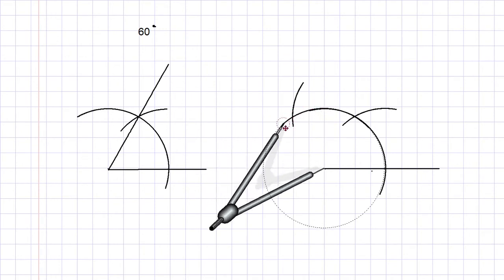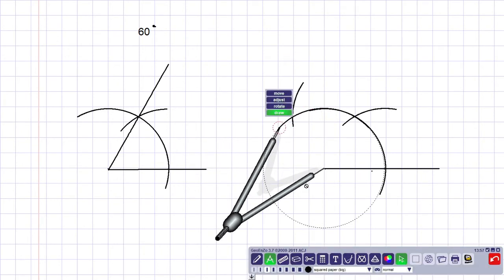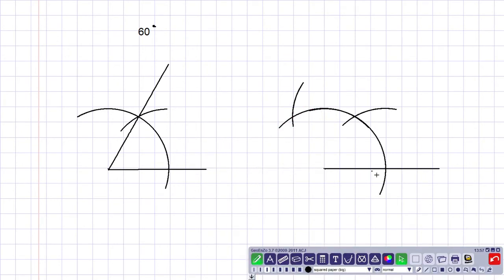Then you can extend the previous arc. Now see, here to here 60. Here to here the second 60. 60 plus 60, 120. So if we join this point and this point, that is 120.